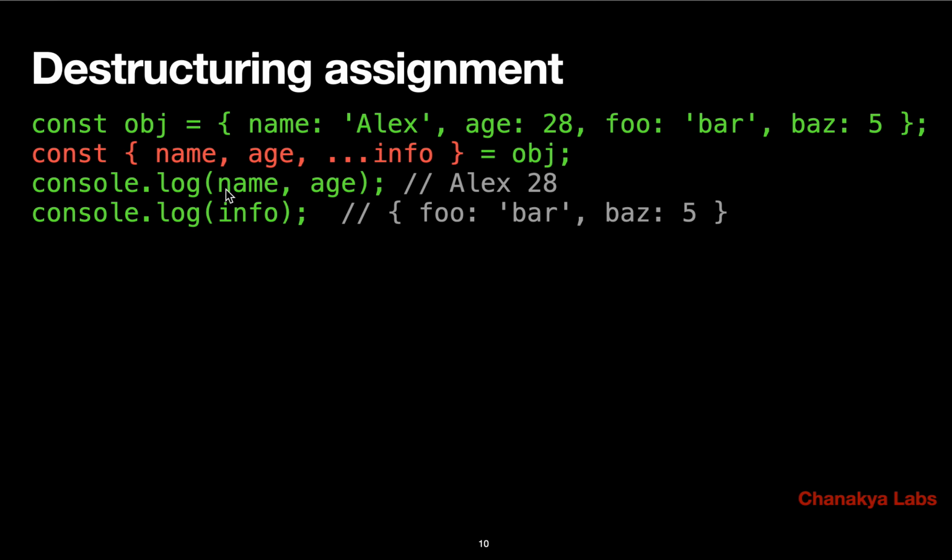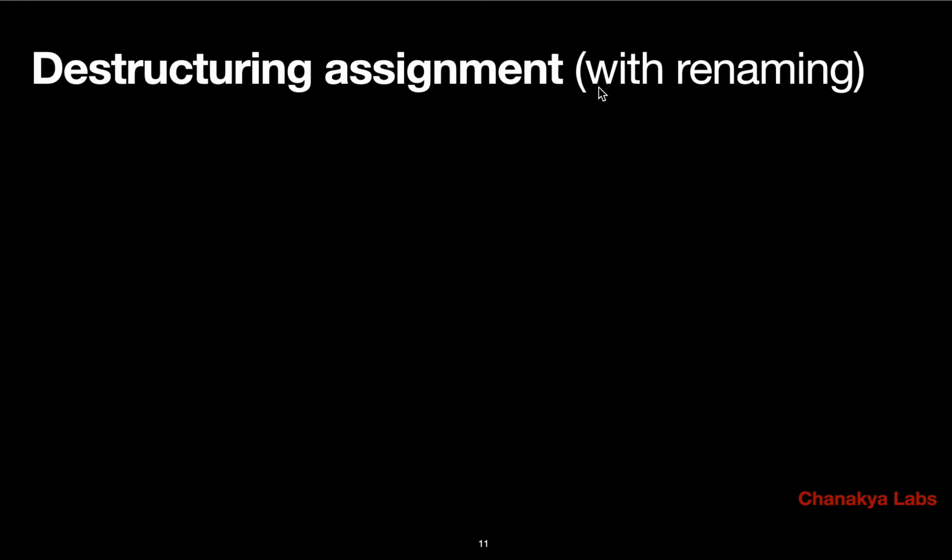Then this syntax will not work, but you can still use a similar syntax rather than writing the whole bigger syntax, which is slightly verbose. Instead, you can write a slight modification of this syntax, which is called destructuring assignment, but with renaming.